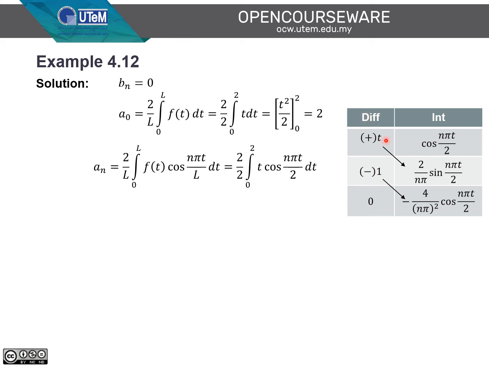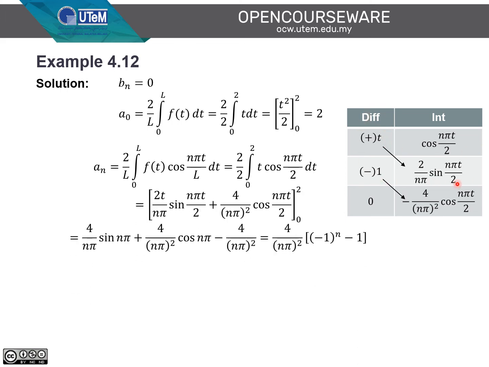the tabular method to obtain the solution of the integration equals 2t on n pi sin(n pi t on 2) plus 4 over n pi squared cos(n pi t on 2) with the limit from t equals 0 to t equals 2. Substitute the upper limit to obtain these two terms minus the substitution of t equals 0 into the resulting integration, we obtain this term.